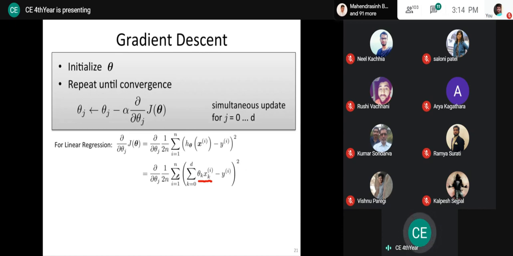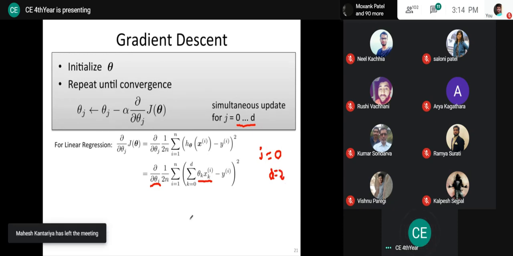And now we are considering this derivation with a specific theta j value, right, where we know that j is starting from 0 up to d. So assume that right now j is equal to 0. Fine. And assume that the value of d is simply 2 right now.